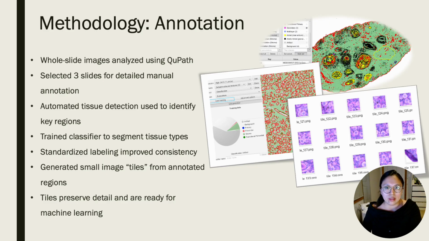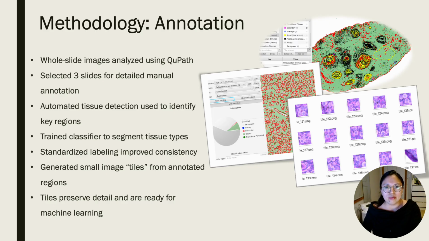We started with automated tissue detection to identify the relevant regions, and then trained a classifier to segment different tissue types, as seen here in the visual with the pie chart representing some of the follicles being detected.